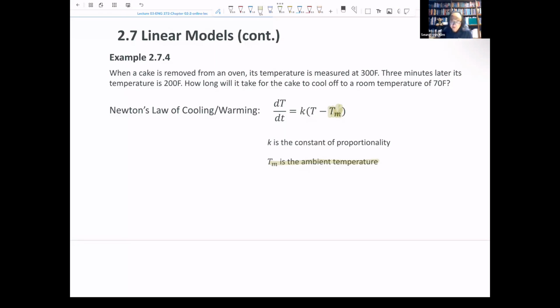Right? So when a cake is removed from the oven, its temperature is measured at 300 Fahrenheit. 3 minutes later, its temperature is 200 Fahrenheit. How long will it take for the cake to cool to a room temperature of 70?